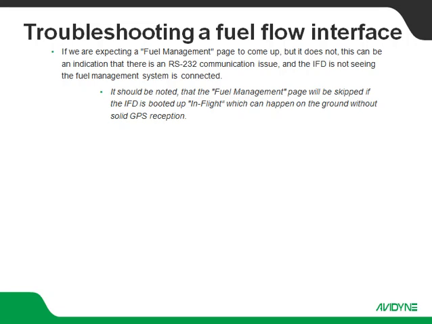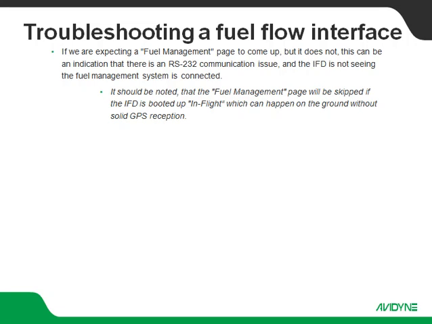But there are also instances where, when we boot an IFD up into normal flight mode, it may think that it's in the air, specifically if it was previously shut down without being locked on to a solid GPS. It might reboot and think it's flying until it locks onto GPS and realizes it's on the ground.